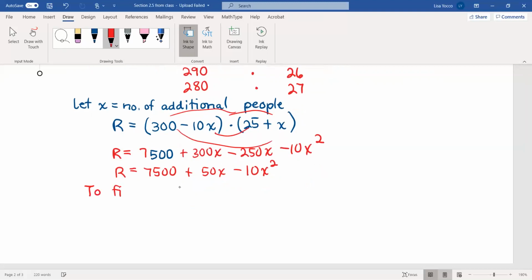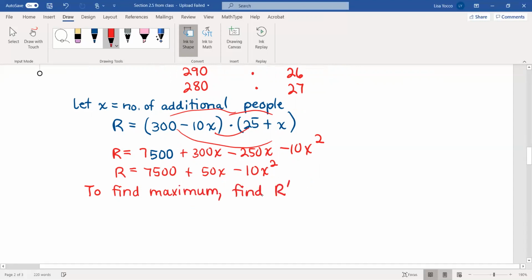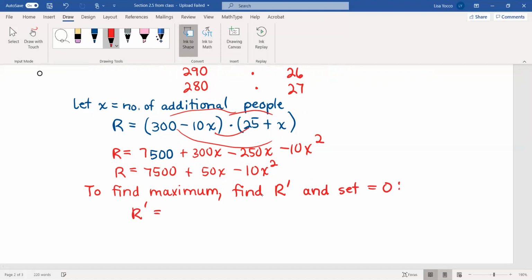So now we're ready to find where the maximum occurs. I'm going to find the derivative and set it equal to 0. So, of course, 7,500 is a constant, so its derivative is 0. For 50x, derivative is 50, and then 2 times 10 would be 20, and subtract 1 from the power.